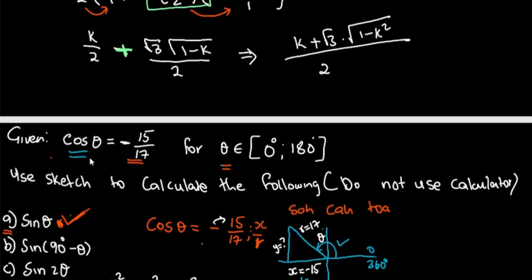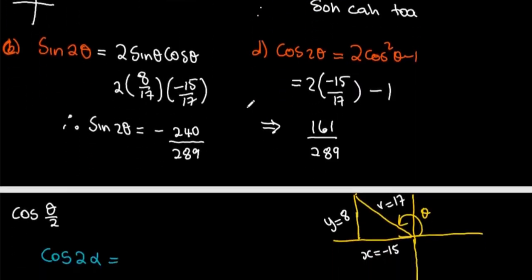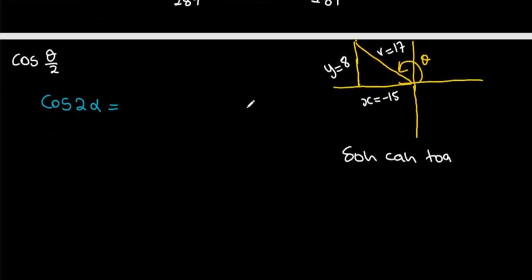You see, the cos of theta. Because I don't want to choose the one that has sine, just in case I made a mistake on the first question. Right. So now I'm going to put down my identity. This is the cos 2 alpha equals 2 cos squared alpha minus 1.